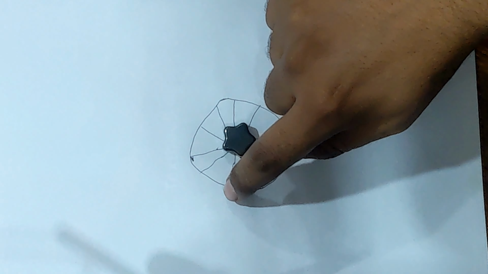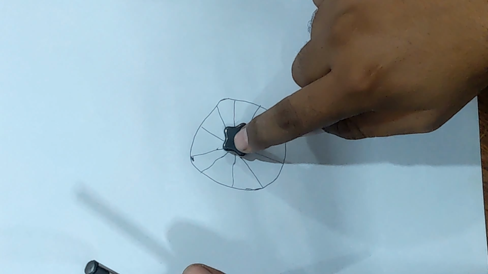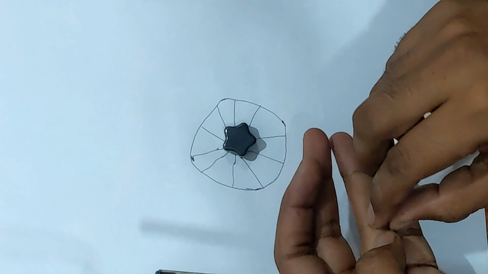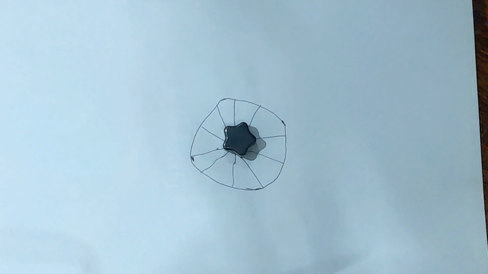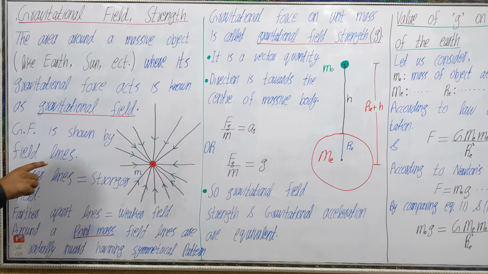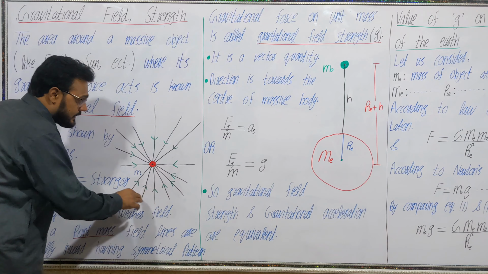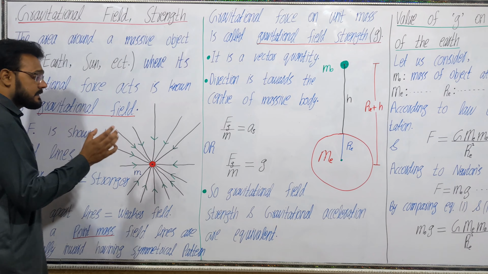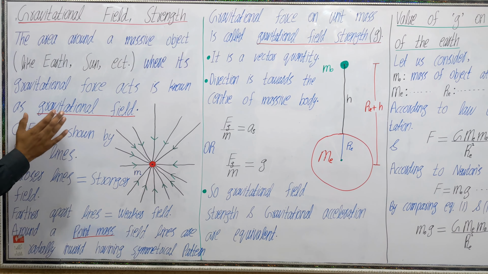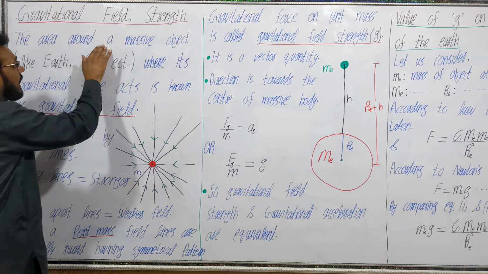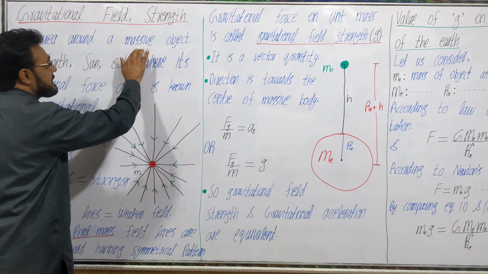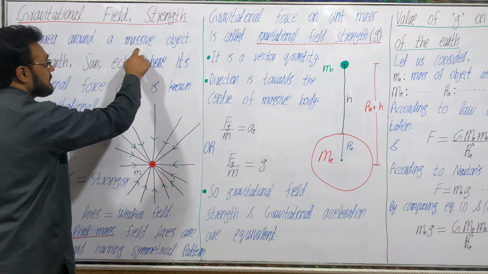The area around a magnet where magnetic force acts is known as magnetic field. In the same way, the area around the earth where its gravitational force acts is known as gravitational field. Massive object means earth.